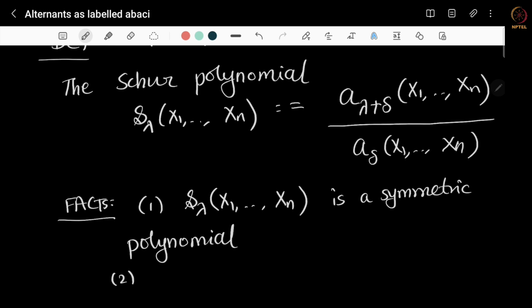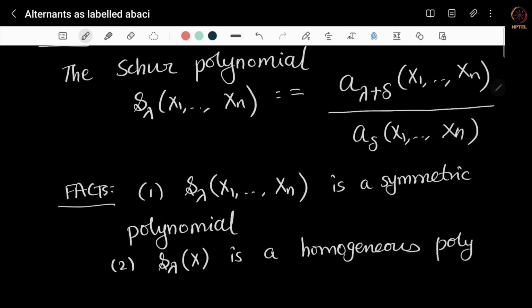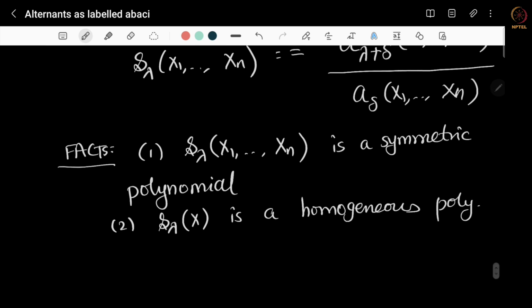Suppose I interchange xi and xj now: the numerator will give me a minus sign, the denominator will give me a minus sign, and they will cancel. So S lambda itself, the quotient, will be unchanged if you swap xi and xj. In other words, this is a symmetric polynomial, a quotient of two alternating polynomials.